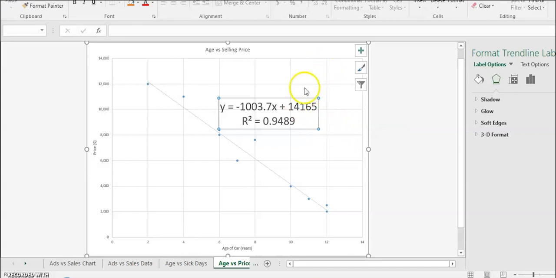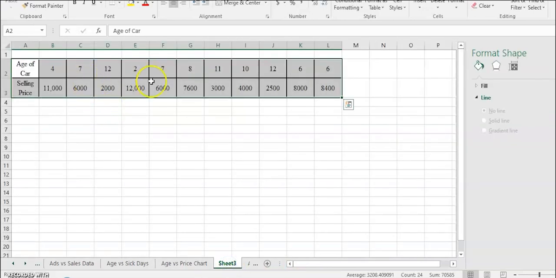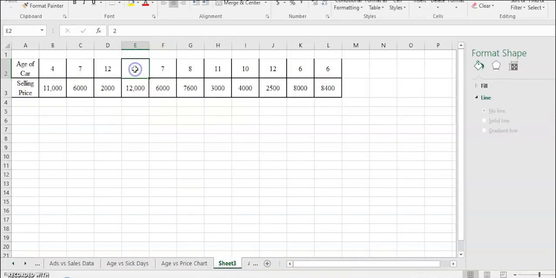Now I just want to mention as well that we are bound by the values 2 and 12. Our data set only has those values, and so if we look at our data set, 2 is the smallest value and 12 is the maximum value.